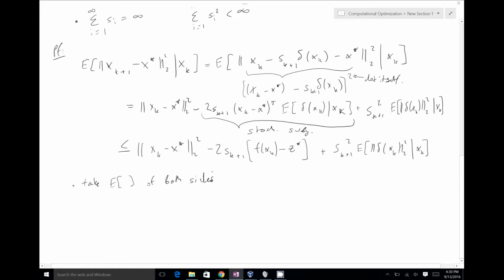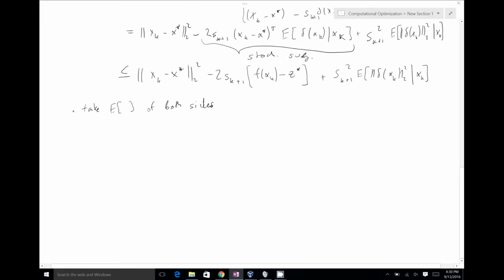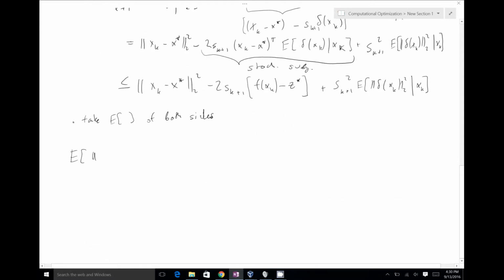And so I'm going to take the expectation of both sides in terms of the distribution of xk. So on the left side, I just get the expectation of xk plus 1 minus x star, but now not conditioned on anything. So this is the Tower property of expectations. If I take expectation conditioned on something, and then I take the expectation of that with respect to the distribution of what I'm conditioning on, I just get back the whole thing, right? So that's what happened to the left-hand side.